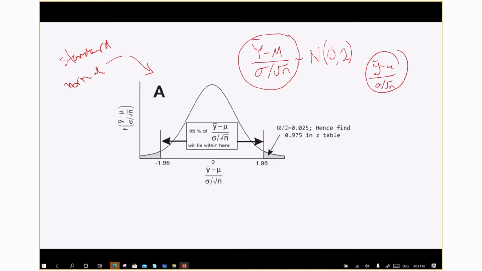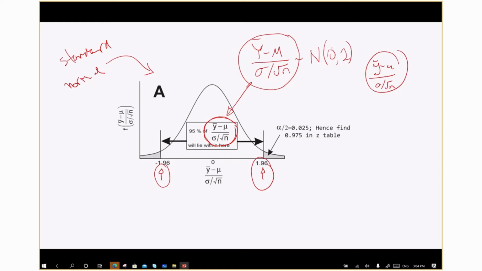What we just showed is that if we had a Z value of 1.96 and another Z value of minus 1.96, and we considered all possible values, doing the experiment an infinite number of times, and each time calculating a different value of lowercase y bar, then 95% of those values, corresponding to the random variable capital Y bar, are going to lie between minus 1.96 and plus 1.96.